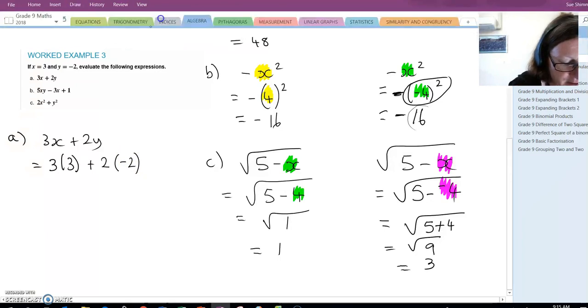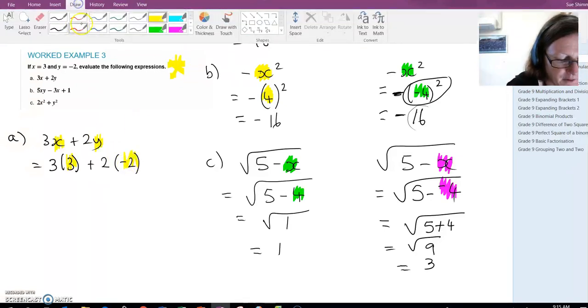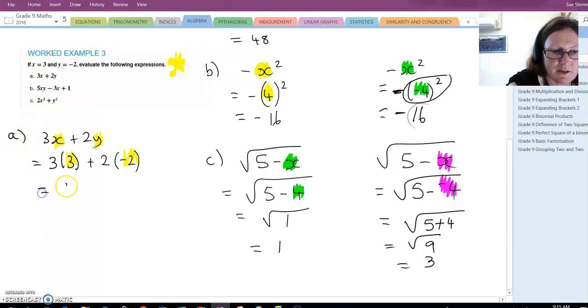So what we have done is substituted in 3 instead of x, and negative 2 instead of y, because this is what it tells us up here. 3 3s are 9. This is 2 2s are 4. That multiplied by that is a subtraction, so the answer to that one is 5.